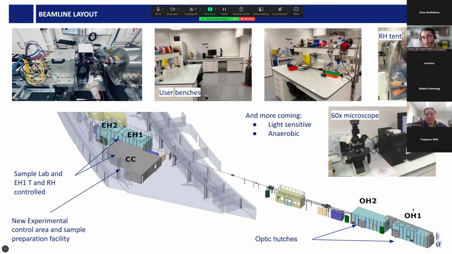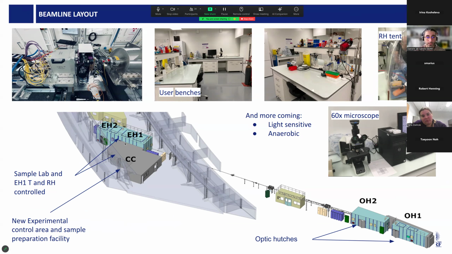As I said before, we have two optics hutches. The first optics hutch is where the multilayer monochromator is located. The second optics hutch is the home of the double chopper system. Then we have a long beam transfer line that brings the beam into the experimental hutch. And here you see again from the top.